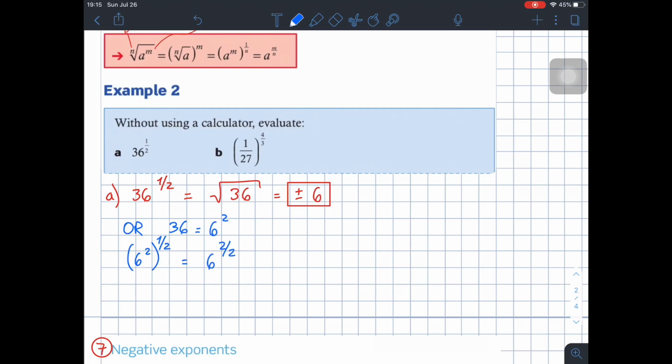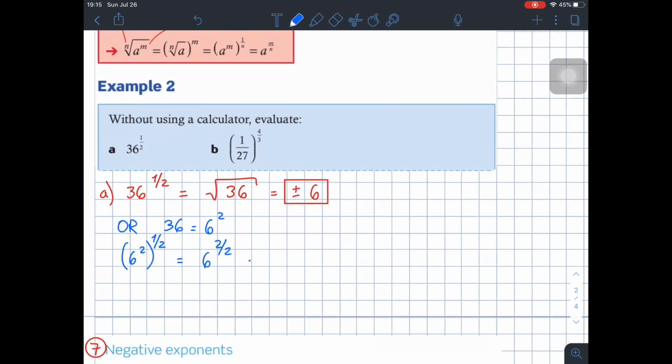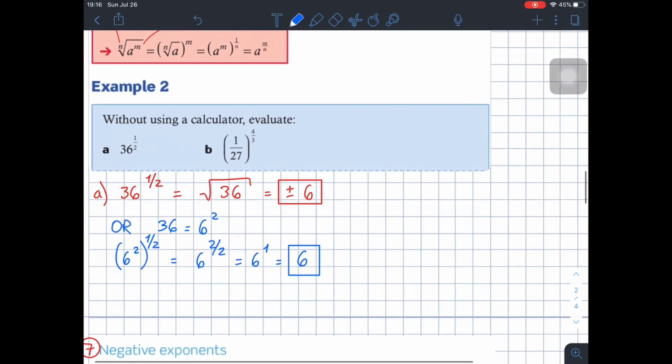And 2 divided by 2 is 1, so this is 6 to the power of 1, and 6 to the power of 1 is 6, okay? So this is another way of solving the same situation, right? Okay, so let's see then part B.